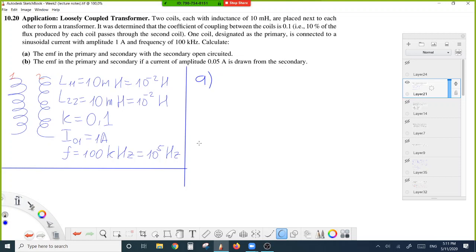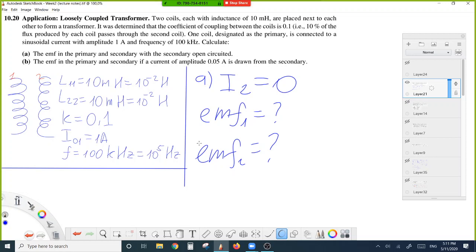If our secondary coil is open circuited, it means that the current through the secondary coil will be 0, and for this case we need to find electromotive force 1 and electromotive force 2. So first let's compute this, and after that we switch to question B.